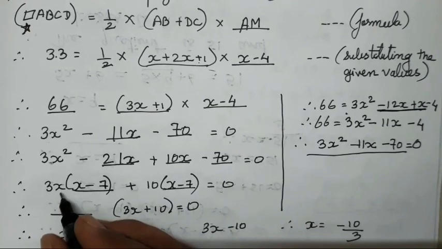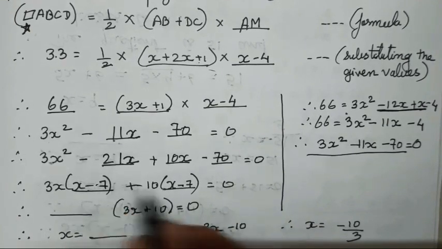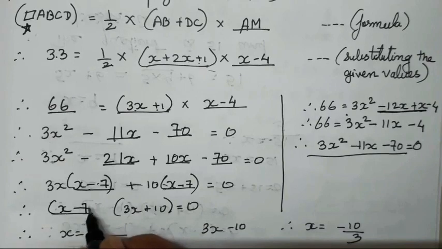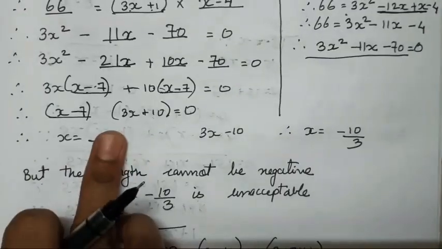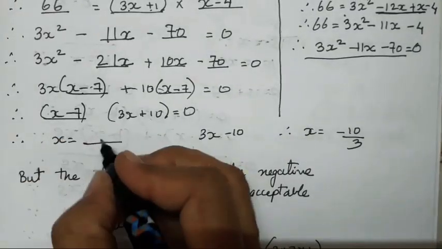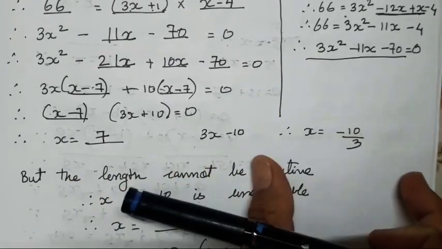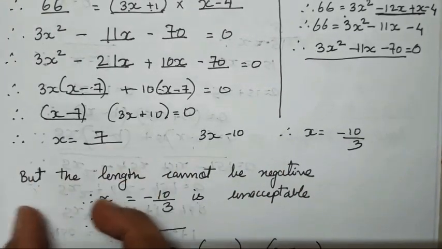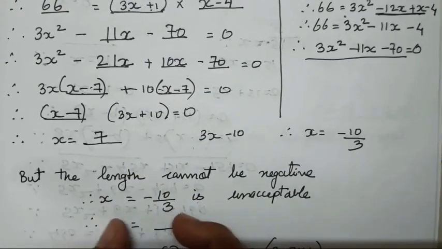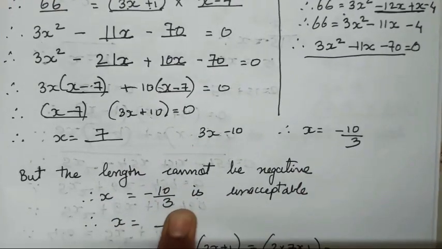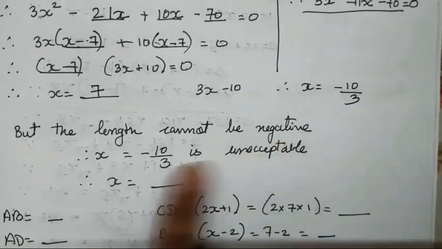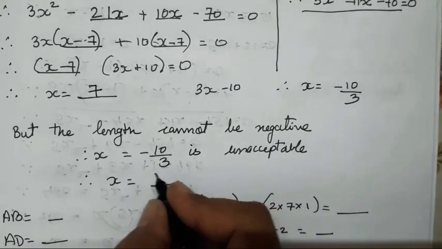So 3x plus 10 they have written, we have to write this over here. Now finding x, x is equal to 7, and 3x plus 10 is already given, we have to only write x, but the length cannot be negative, so this is not acceptable. As we have said, we have never accepted negative, so x is going to be 7.